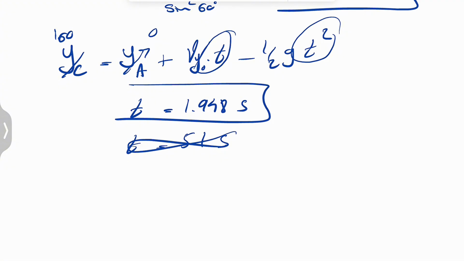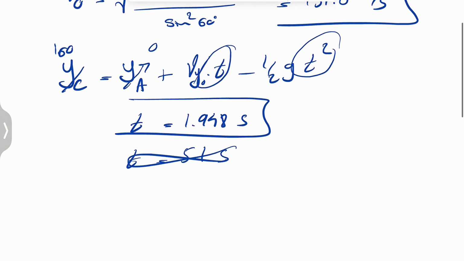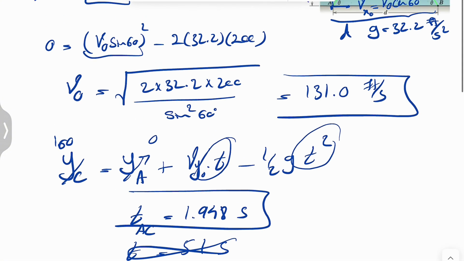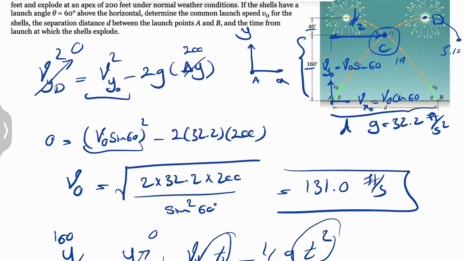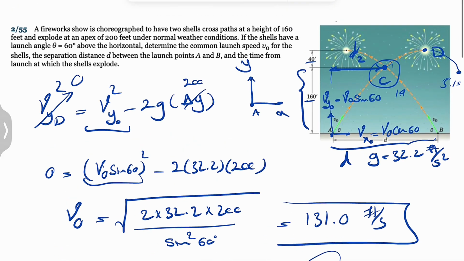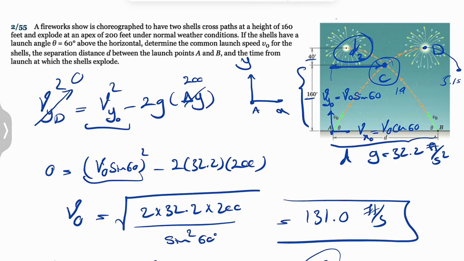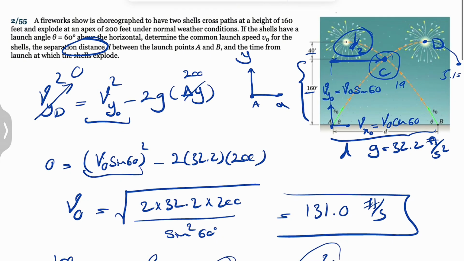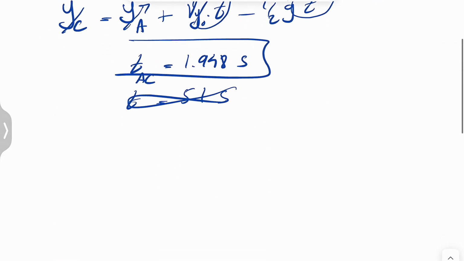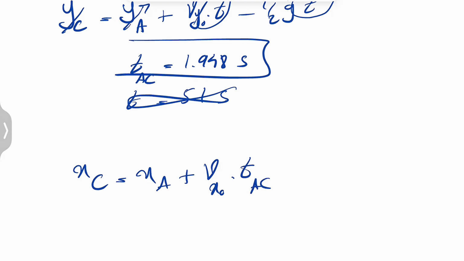Now that we have the time that it takes to move from A to C, if we go with our horizontal equations, we should be able to find d, which is one of the unknowns that the question is asking us. So we have xc equal to xa plus the initial velocity in x times t, which is the TAC that we found.